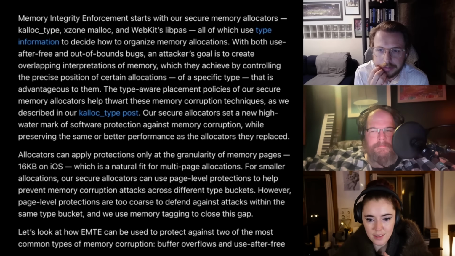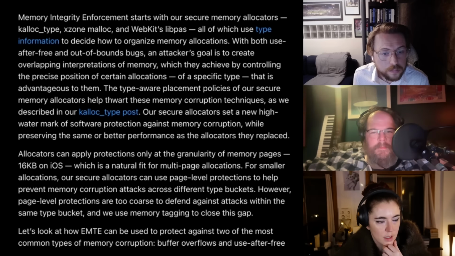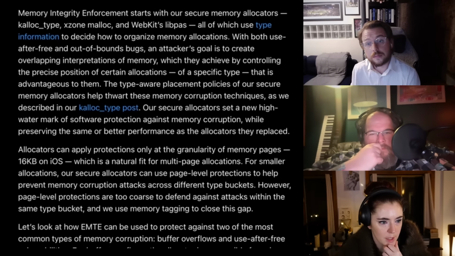Yeah, I think all of these required some amount of compiler extensions to make work in practice. Speaking of compiler extensions, I don't think they cover this in here at all, but there's a couple other compiler extensions that Apple has driven in LLVM that have been adopted outside of Apple, including Chrome, for tagging.